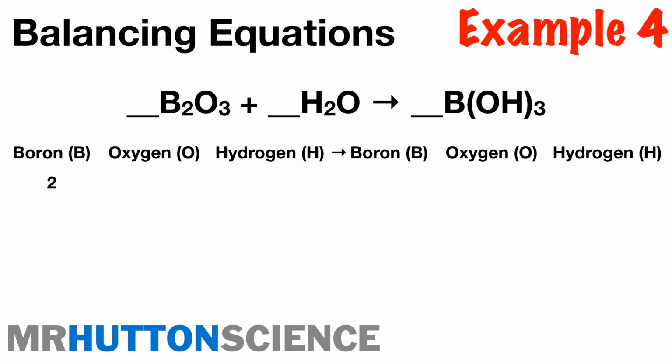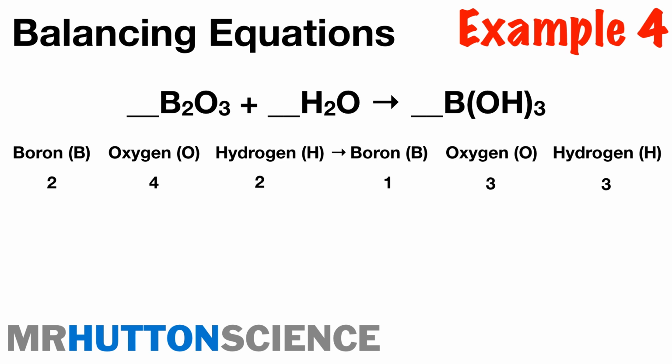So we have 2 borons, 4 oxygens, because we've got 3 in the first species of our reactants and then 1 in the water, 2 hydrogens, and then in our products we've got 1 boron, and now we've got oxygen and hydrogen inside the brackets with the 3 outside, so there's 3 oxygens and 3 hydrogens. So straight away we can see that it's imbalanced.